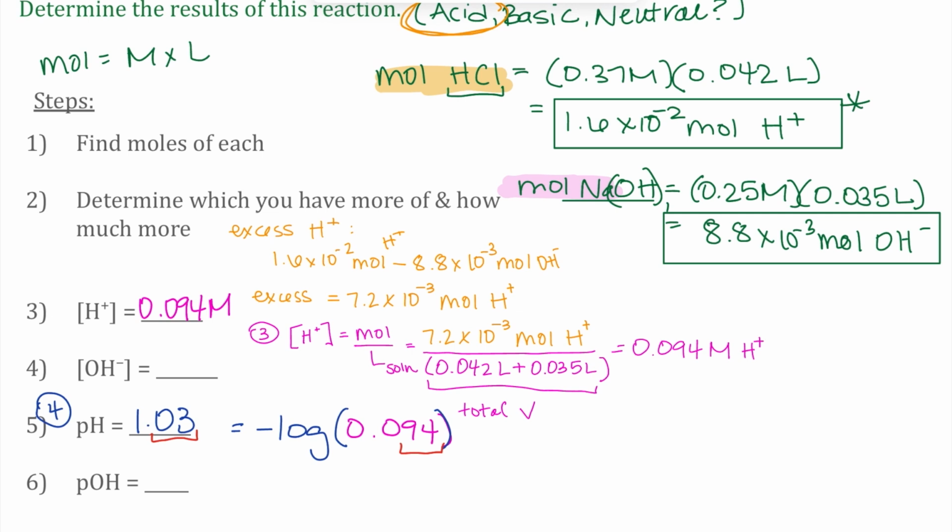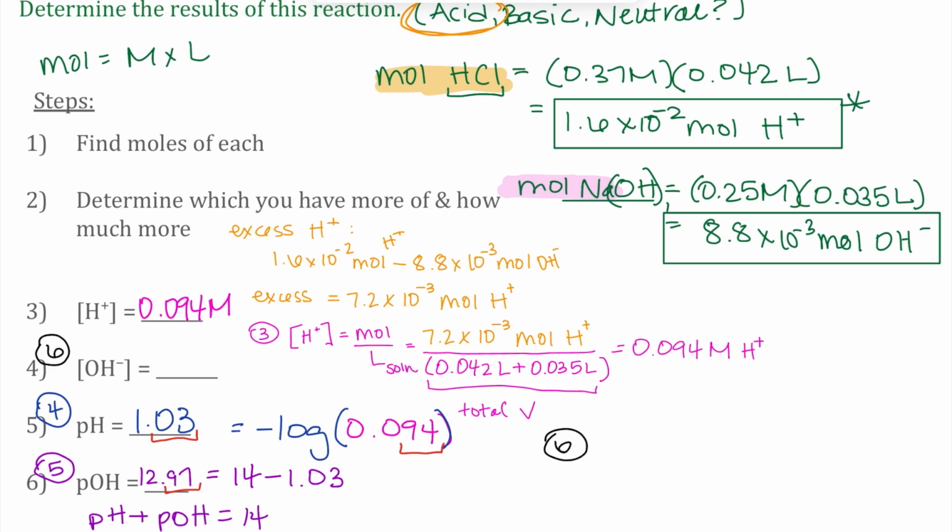What can I find next? Well, next I can do that pOH, because I know that pH plus pOH is equal to 14, and that's on our formula sheet. So to find that pOH, 14 minus 1.03, keeping those 2 digits after the decimal, 12.97. And again, this is 2 sig figs, 2 digits after the decimal. And then that last step is going to be being able to find the OH concentration.